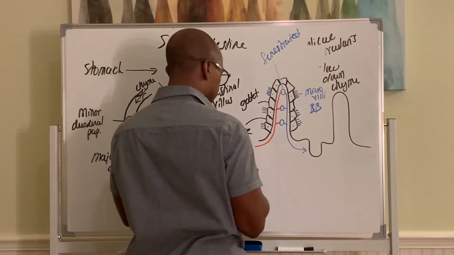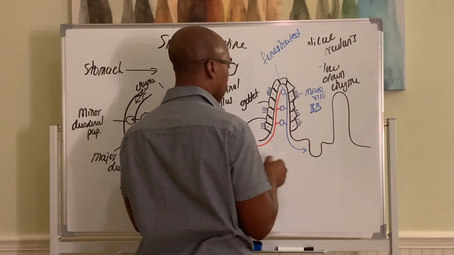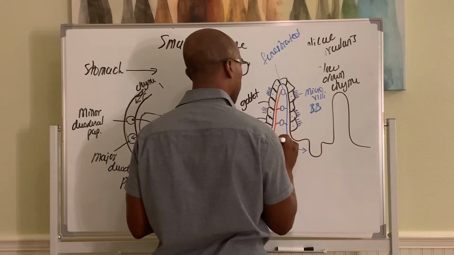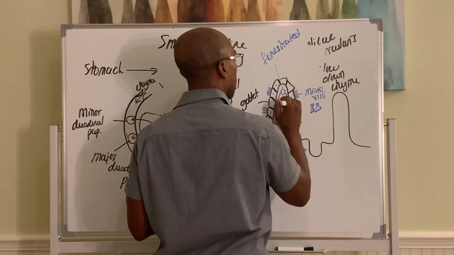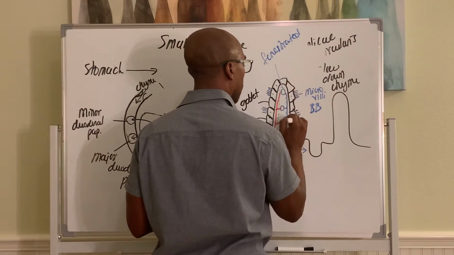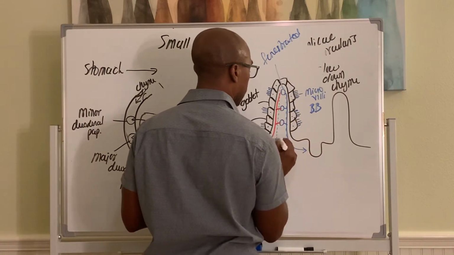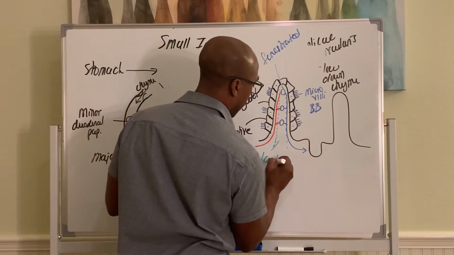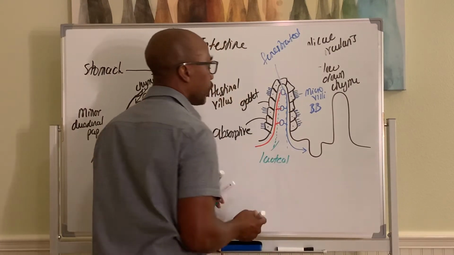And then down the middle of it is another lymphatic structure called a lacteal. A very porous structure to let fats in.